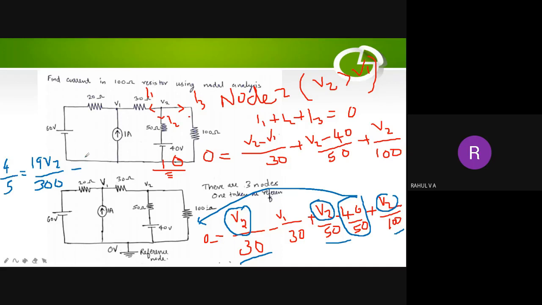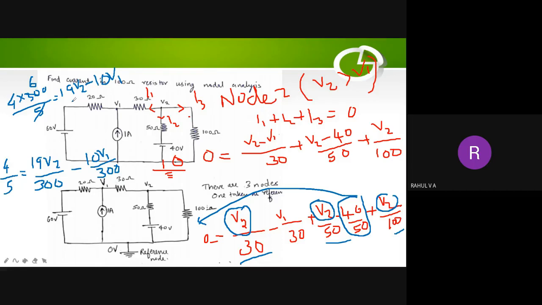Minus, again V1 also you convert into 300. So 10 V1 by 300. So 300 you can take to that side. 4 into 300 divided by 5 is equal to 19 V2 minus 10 V1. So this you can simplify. 240 is equal to 19 V2 minus 10 V1.